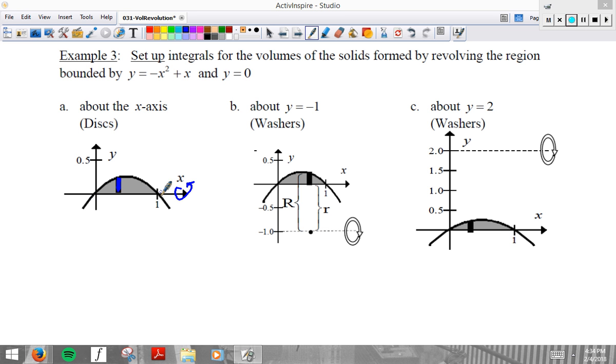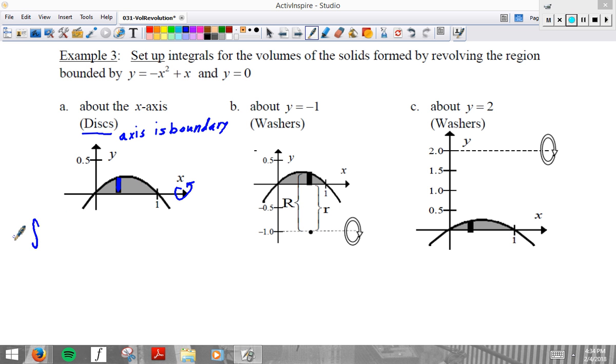A boundary of this region, the axis of revolution, is a boundary. That's how we know it's a disk method. This axis of revolution is a side of the gray region I have here.